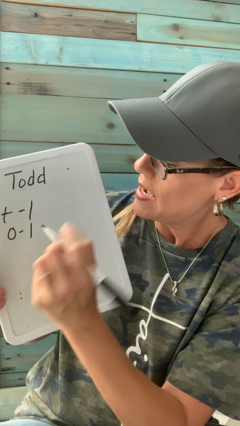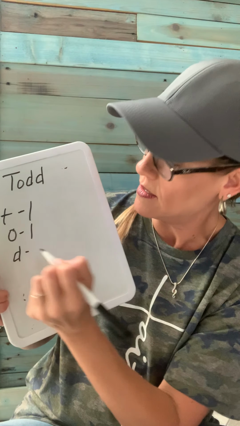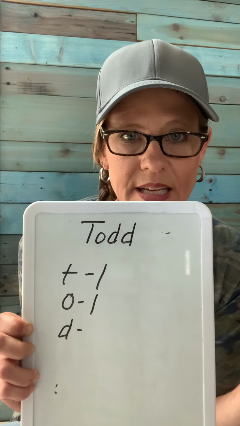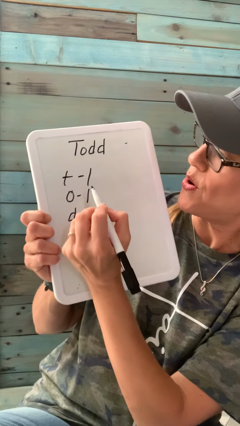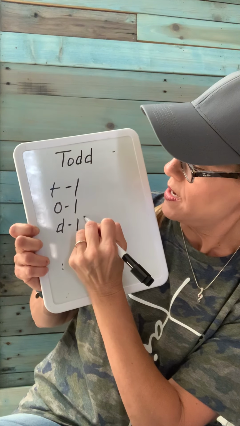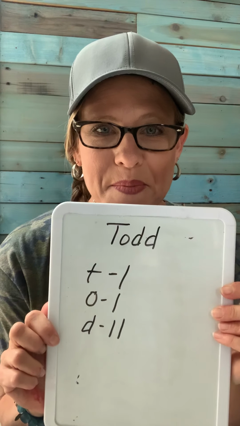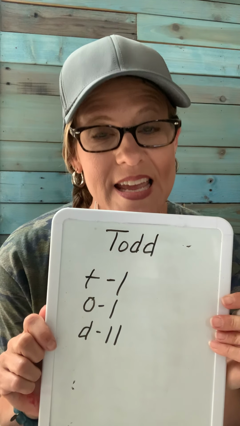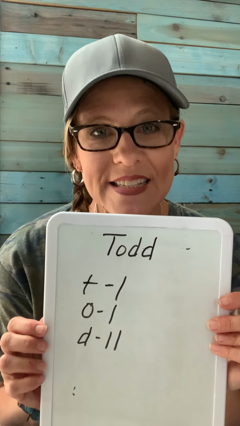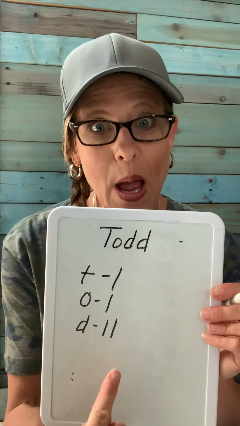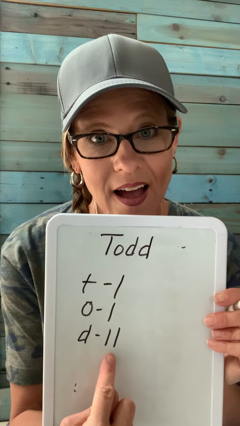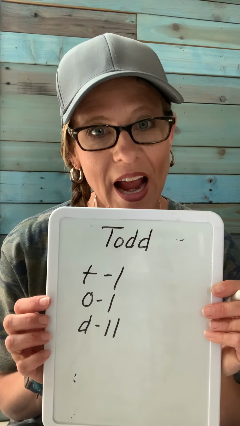Just one. How about that D? Do you see any D? Oh, so we have to make two. 1, 2. So which letter has the most? D. So he has 2 D's in his name. And we know that because we took data with our tally marks, right?